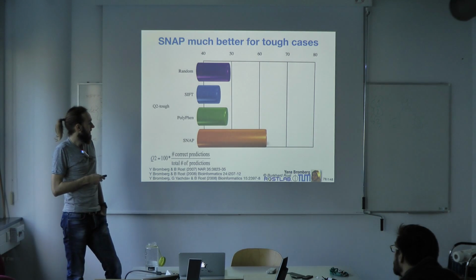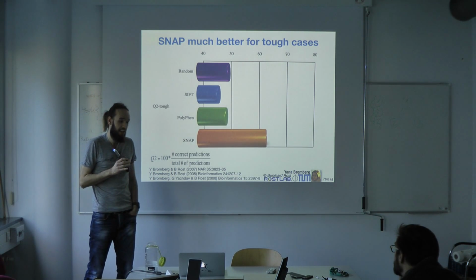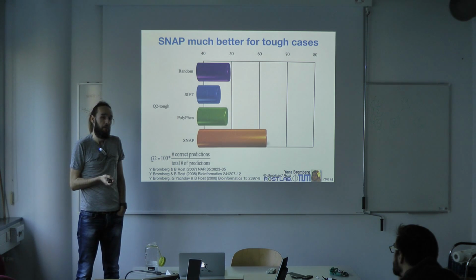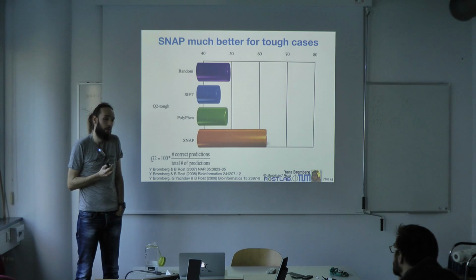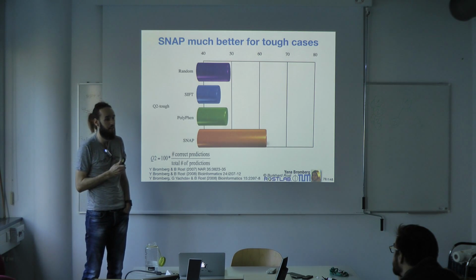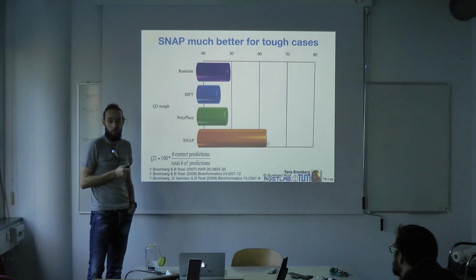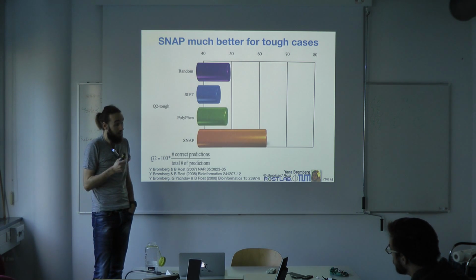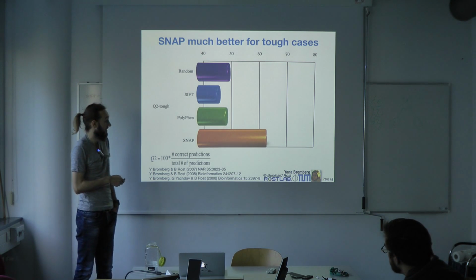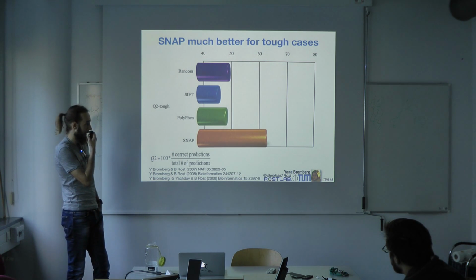So what they did then is they said, okay, all variants where SIFT and PolyPhen predict the same thing are probably easy, because they agree, and you could argue that this makes them easier to predict. So they looked at all variants where SIFT and PolyPhen don't agree, and this is the result for only those variants.